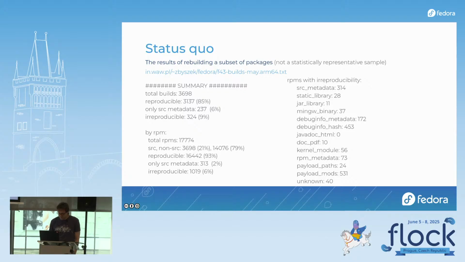It's almost never intentional. The big one is debug info data, and we still have lots of compilers and other tooling that creates debug data in an unstable way. This is something that is very hard to fix because it needs to be fixed in those tools.